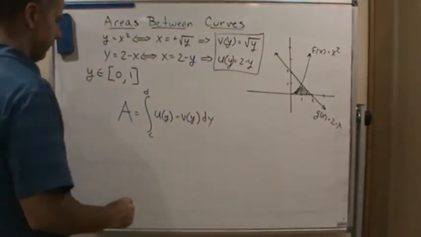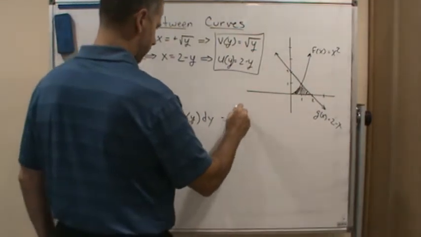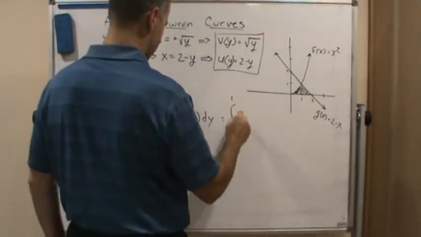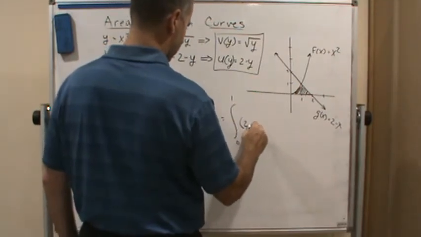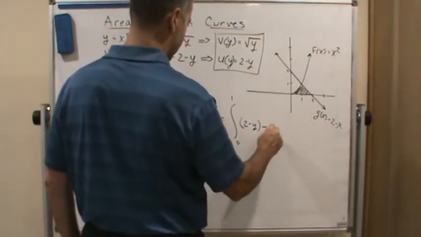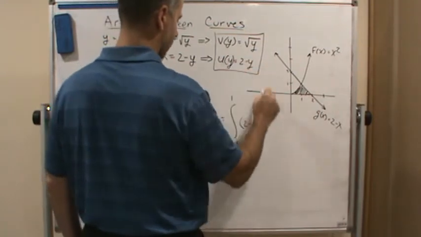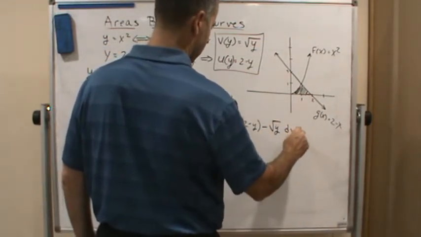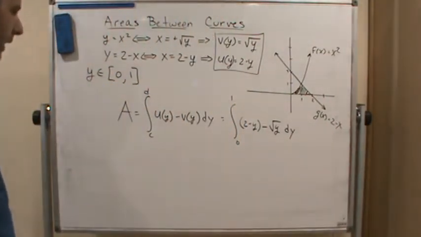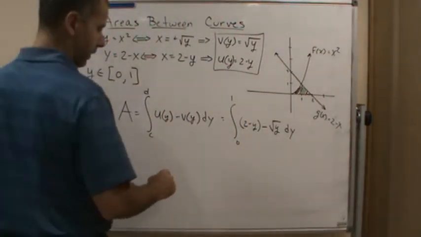Okay. And so I'm going to fill in 0 to 1, and then 2 minus y minus square root of y dy.